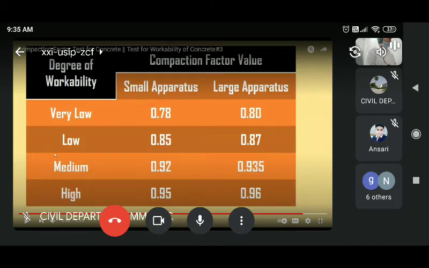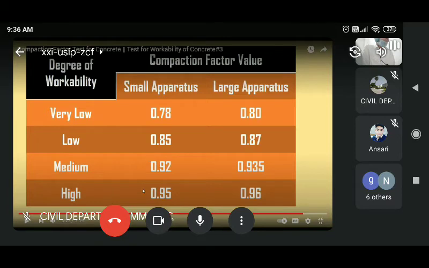For very low degree of workability, the compaction factor will be 0.78. If low, then 0.85. If medium degree of workability, then 0.92. And if high degree of workability, then the compaction factor value will be 0.95.